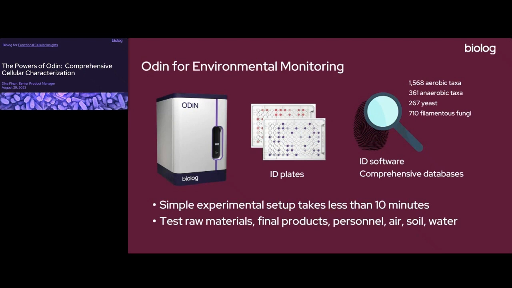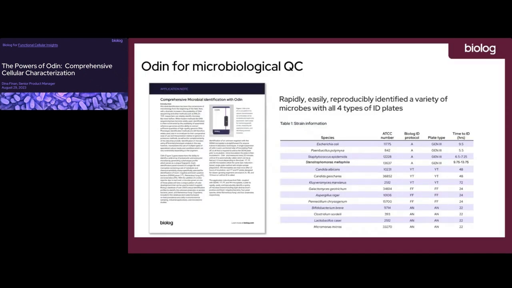So this is a very easy experimental setup, and it's using the same concept, but to do identification. And so we have 4 different test panels that are for different types of organisms. So we have one for yeast, one for fungi, one for anaerobic bacteria, as well as the one that I showed you. And so we've used these for quite a while with our other instruments.